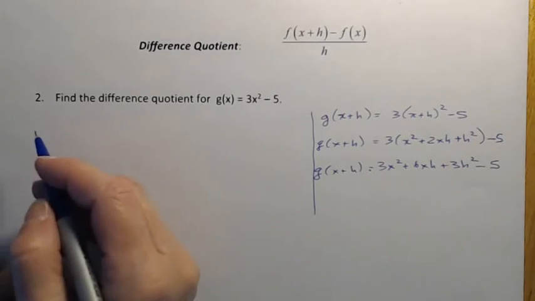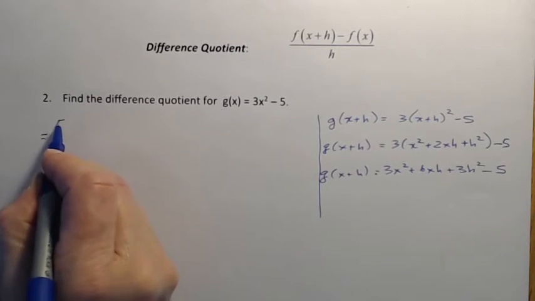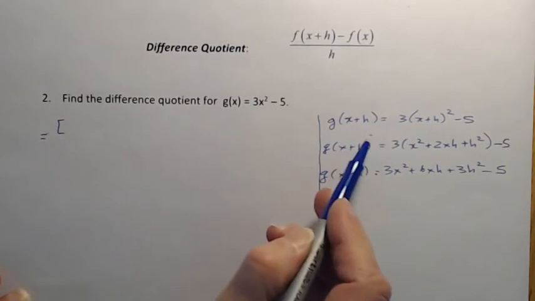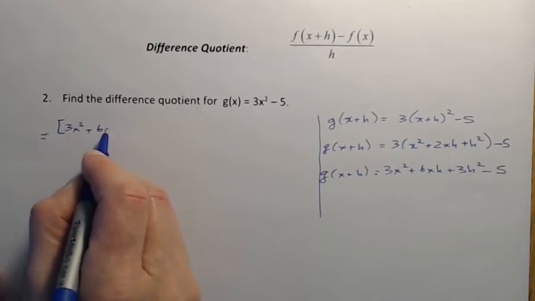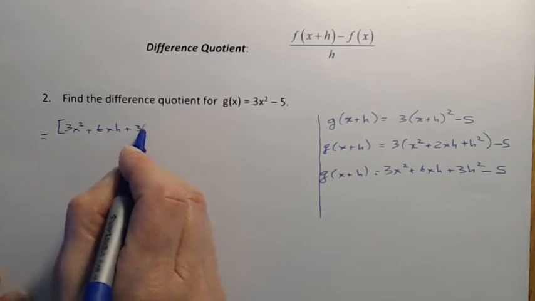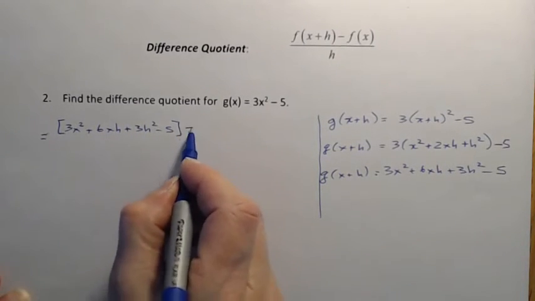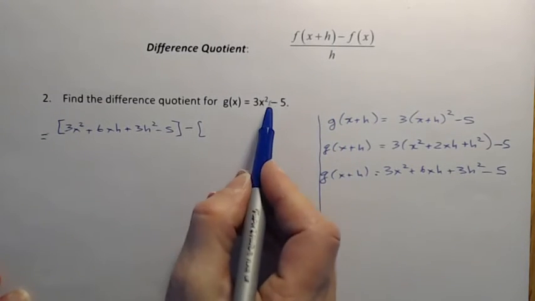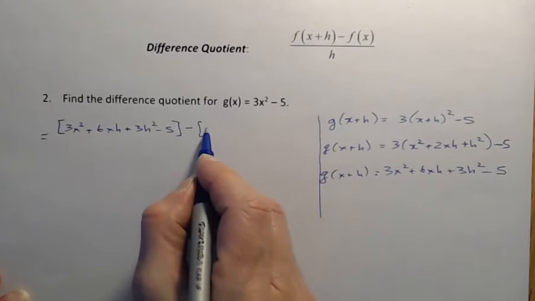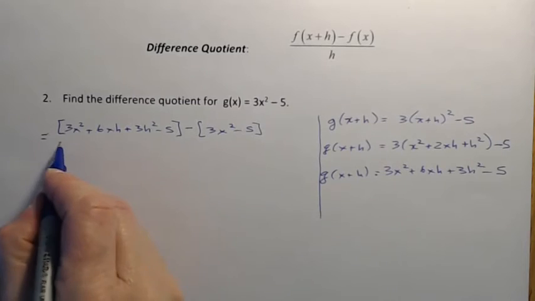So for my difference quotient, I will get my first piece, the function evaluated at x plus h, which I now know to be 3x squared plus 6xh plus 3h squared minus 5, minus the second piece on top, your function at x, so that's 3x squared minus 5, all over h.